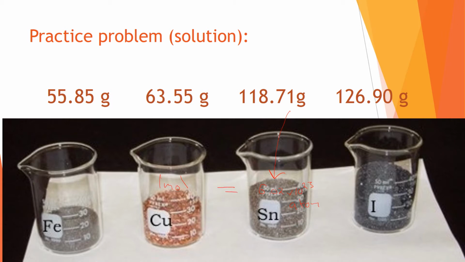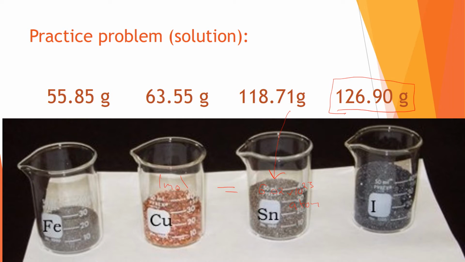So again, I'm going further down the periodic table. The atoms get bigger, which means they weigh more. So I need more of a substance to get 1 mole. Iodine is number 53 on your periodic table, and it has an atomic molar mass of 126.90 grams.